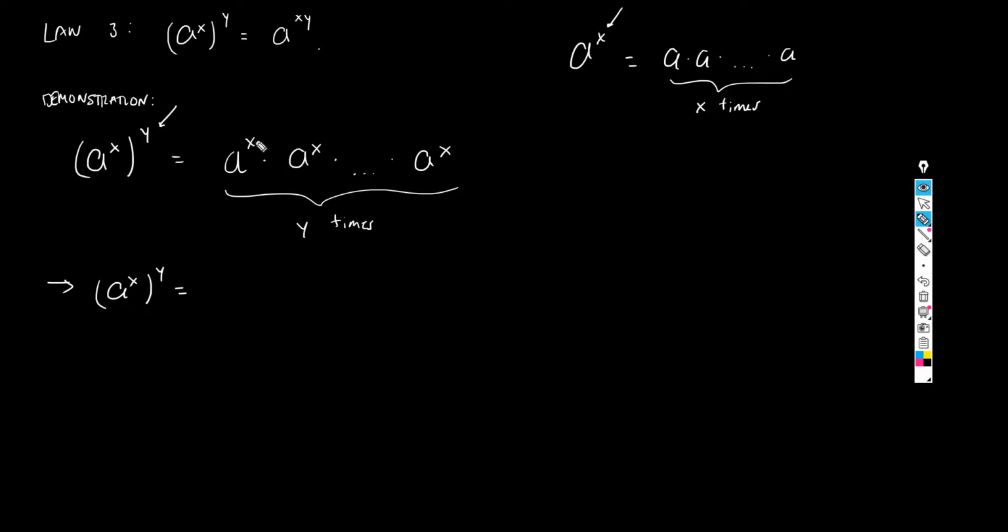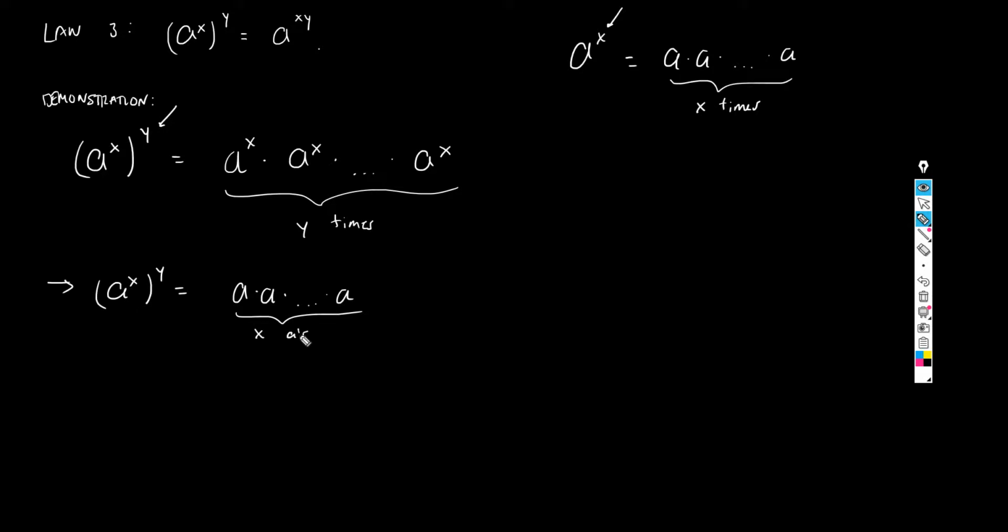Now, each of these factors, guys, is equal to a to the x, and by definition themselves, they can be written in this expanded version, right? Like this, a to the x is by definition a times etc. times a. How many a's, or how many times? X times, or let's say x a's.